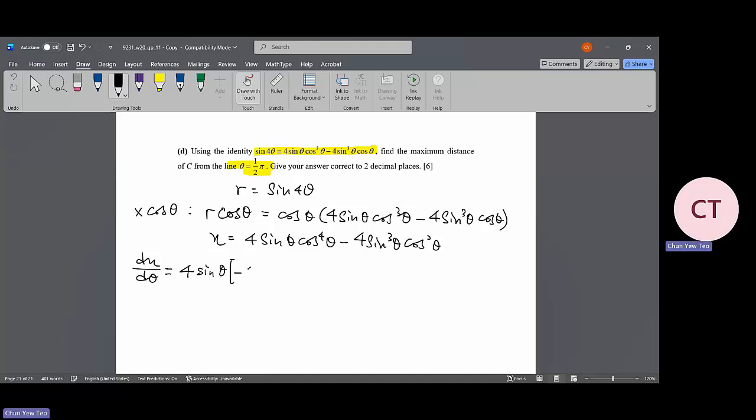So you get negative 4 cos cube theta sine theta, plus keep the right, differentiate the left. And this one is minus the 4.